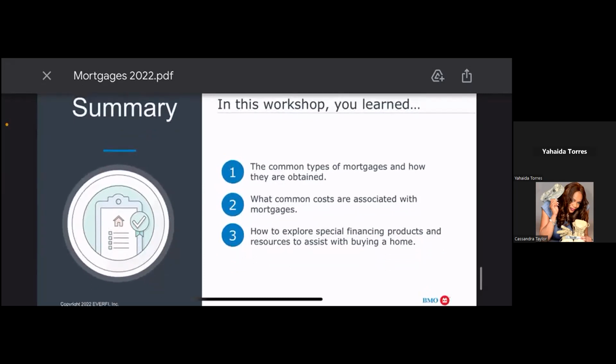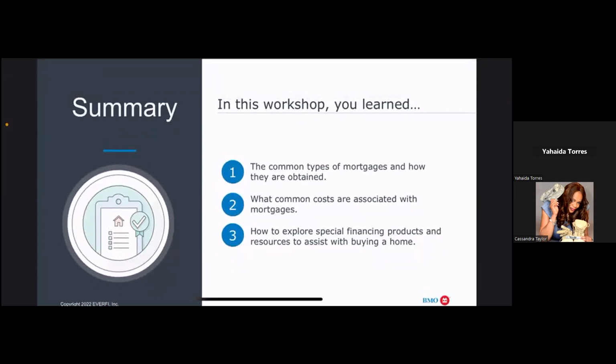You want to make sure, again, for credit, you're paying your bills on time. That's the biggest thing that affects your credit, is not making your payments on time. And then you want to make sure that you're researching different programs, different lenders.